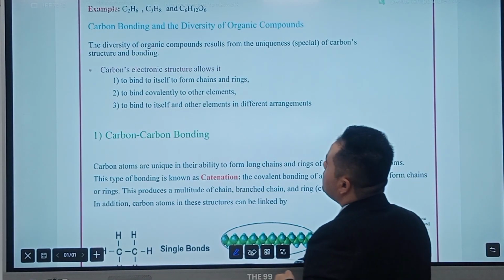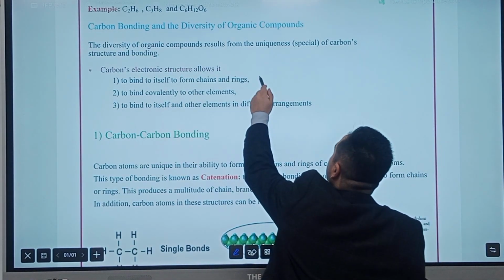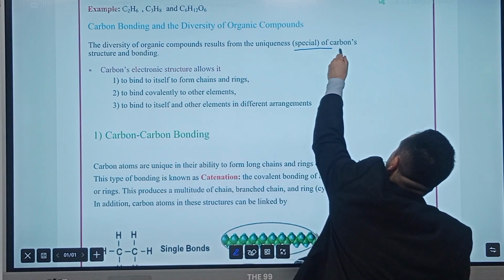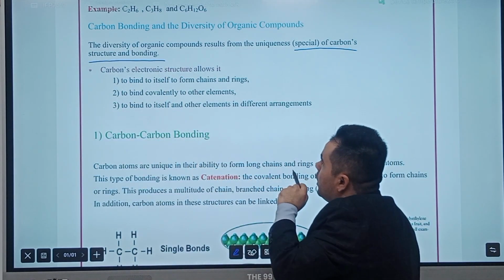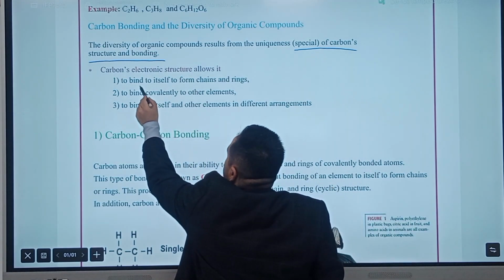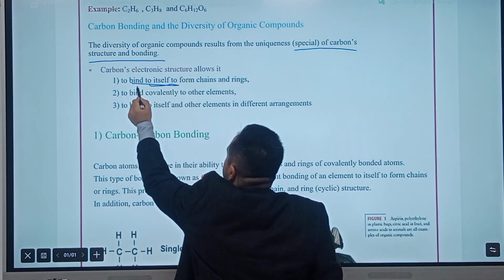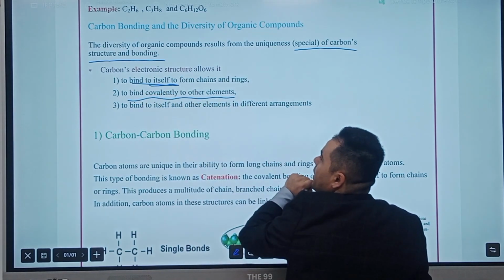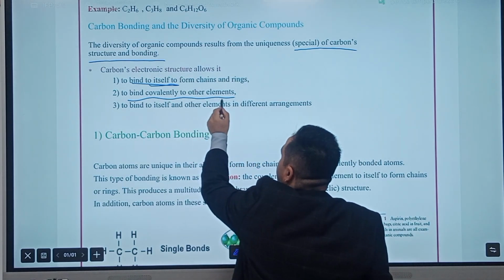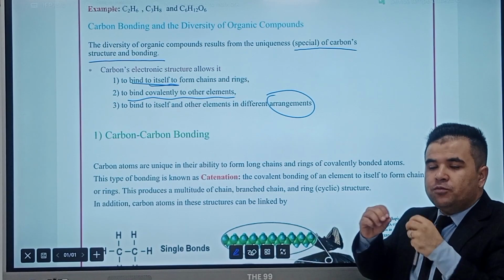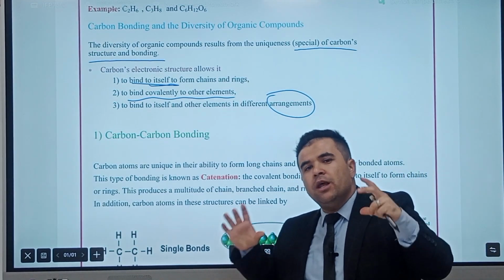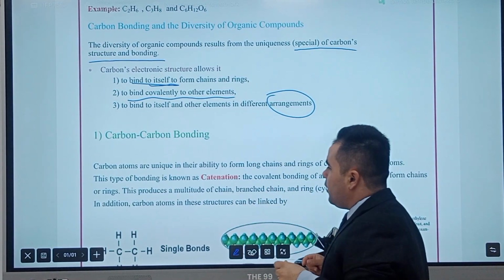So the diversity of organic compounds results from the uniqueness and special nature of carbon's structure and bonding. It has a tendency to bind to itself and to other elements, and to bind itself in different arrangements. By different arrangements, we mean in the form of a chain and the form of a ring.